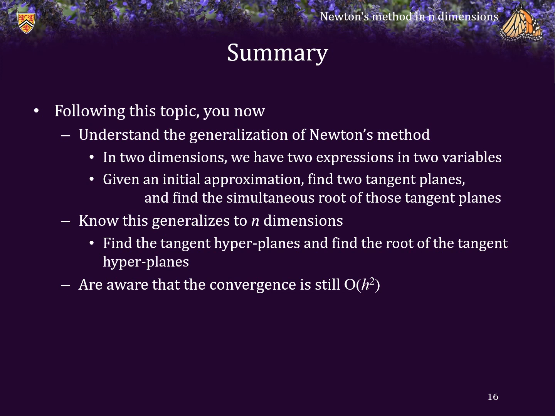You now know that this generalizes to n dimensions as well. You can find the tangent hyperplanes, again using the Jacobian, and find the root of the tangent hyperplanes. You are aware that this has convergence that is still order h squared. Now, the coefficient out front has to do with a matrix called the Hessian, but that is beyond the scope of this course.